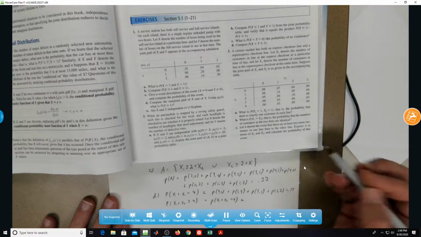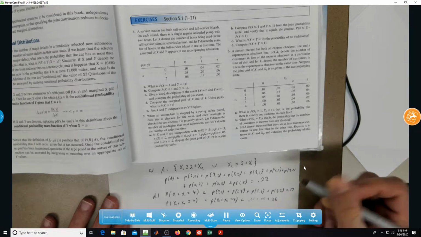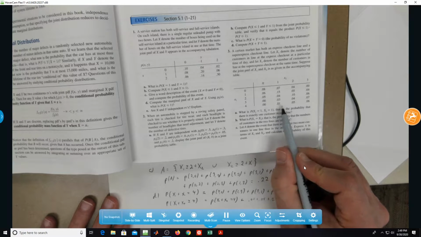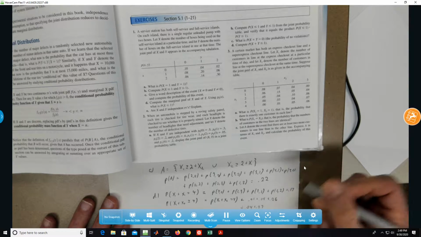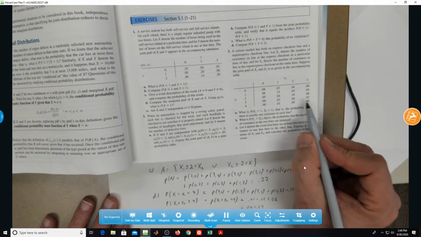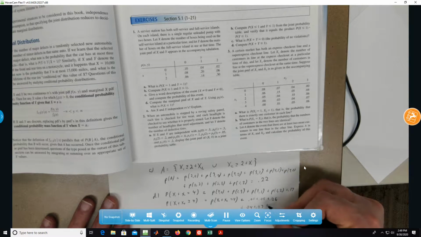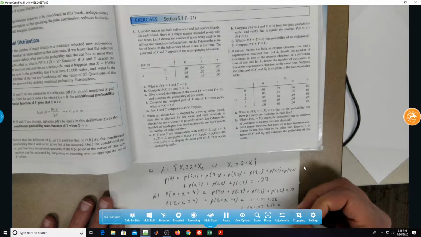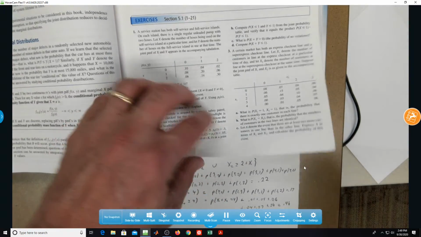So 0.01 plus 0.05 plus 0.06 here, (4, 1), (4, 2), (4, 3), and then 0.04 plus 0.07, (3, 2), (3, 3), and then (2, 3). I think if you add all those up, you end up getting 0.46. Okay, so that's how you do number 3, but number 4 continues this on.